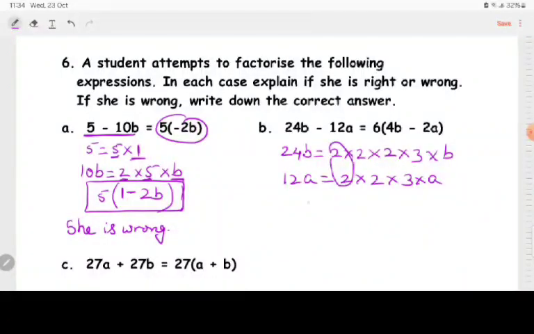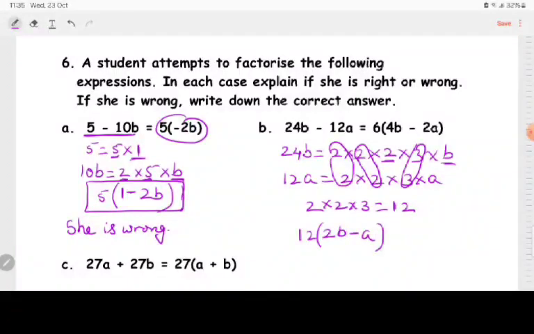We have 2 once, 2 the second time, and 3. So 2 2s are 4, 4 3s are 12. So we have 12 in common. So we write 12 on the outside. And then what are we left with? 2B. So we write 2B minus, what do we have here? We simply have A over here.